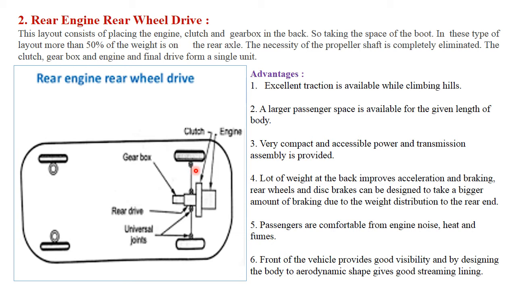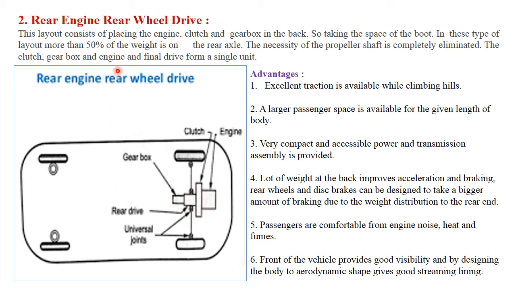In this case, the necessity of the propeller shaft is completely eliminated. There is no need of a propeller shaft. The clutch, gearbox and engine along with the final drive form a single unit.